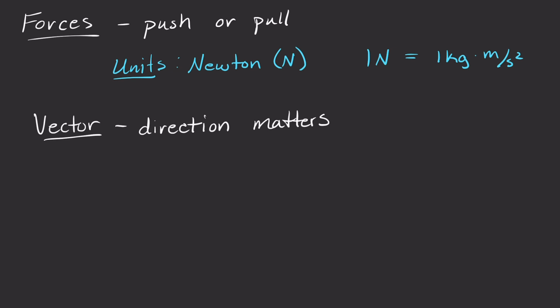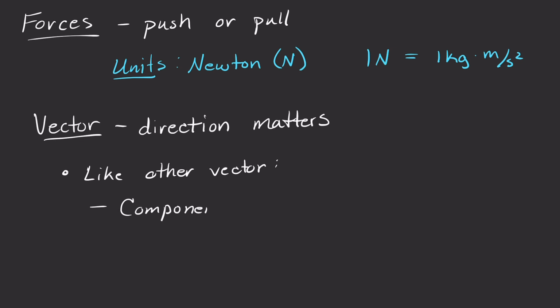Okay, so when you push or pull on something, you have to say which direction you're pushing or pulling on it. And like other vectors, this means we can break it into components.